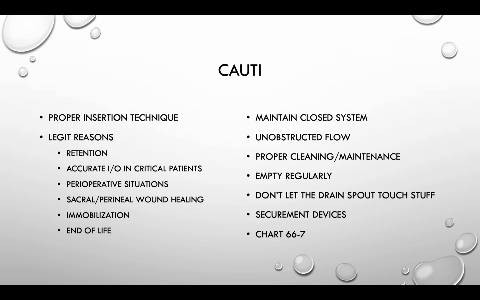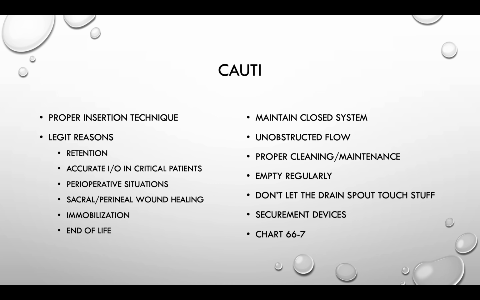So with our incontinent patients, really the best thing to do is good moisture control with things like moisture barriers and frequent linen changes, as opposed to a catheter. But if they have a big wound and the incontinence is impeding that, then yeah, we can definitely make that happen.